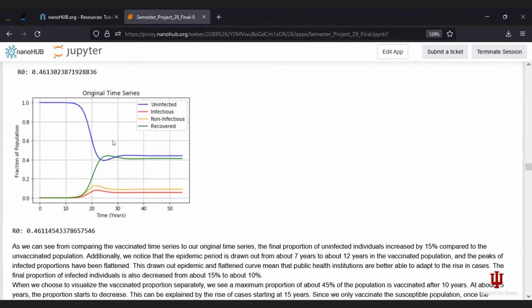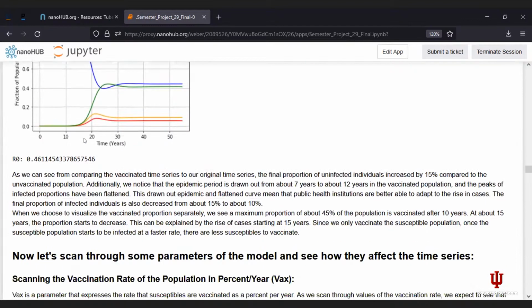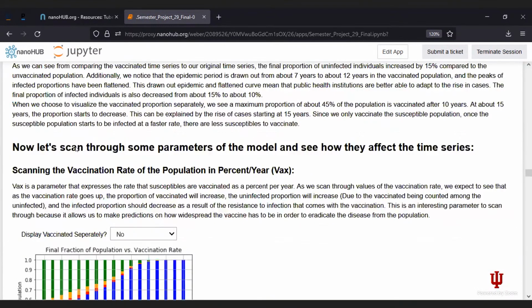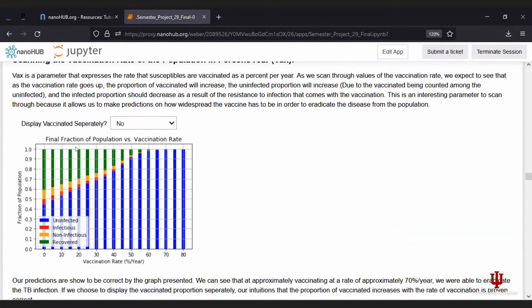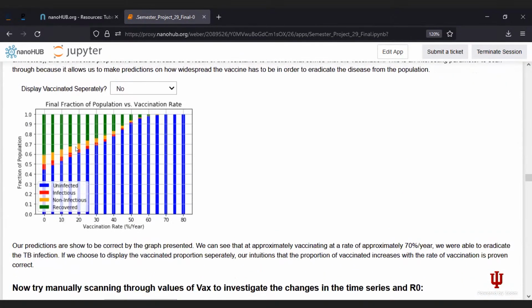Then we get the same diagram that we've shown at the back. So one of the main parameters for the vaccine is the vaccine rate, which is this one, and then below we'll go on to the efficacy of that.